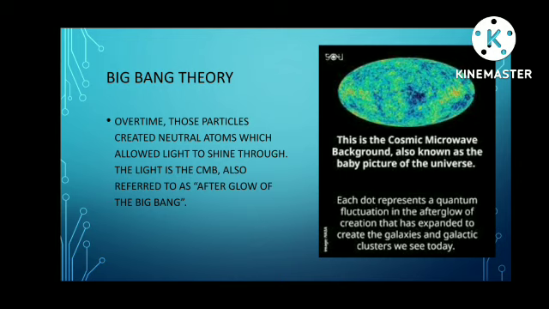So a quantum fluctuation is the science of a very small matter or very small energy that is rapidly expanding. So the expansion is because of this. It can also create the other celestial bodies, like galaxies and other galactic clusters that we see today.